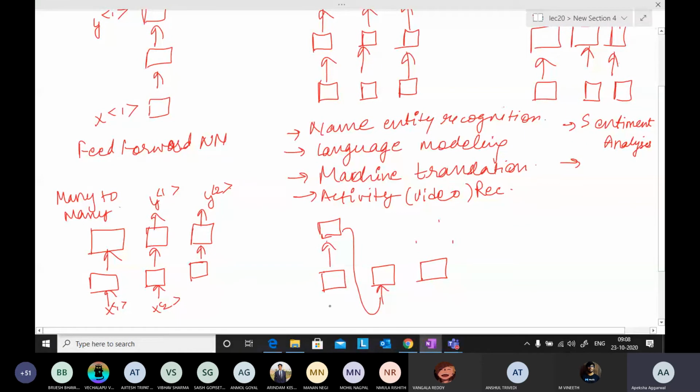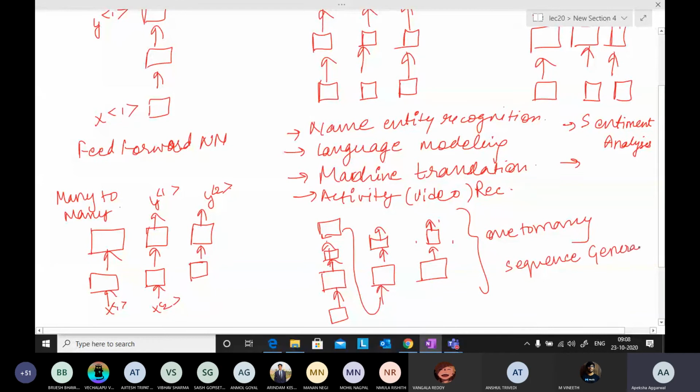So example for this is, so this was the input. So this is an example of one to many. This example is sequence generation or maybe music generation.